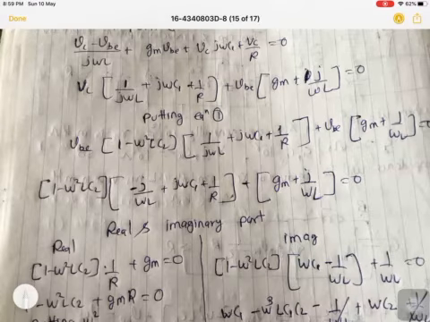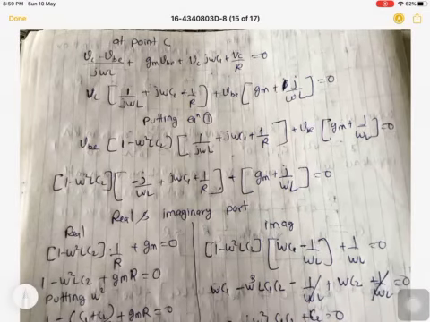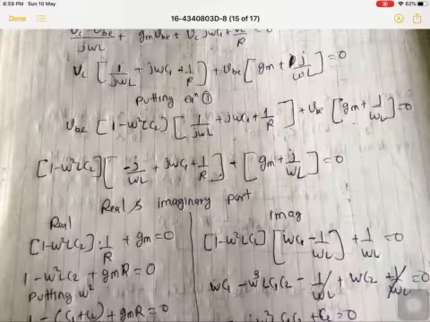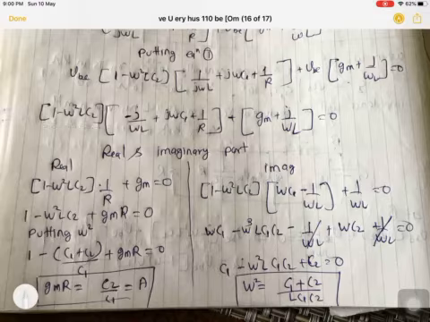Again comparing real and imaginary parts. First I'll go with the imaginary part. Let me go into the next slide. Comparing the imaginary part, 1 minus omega square L C2, this is the multiple of omega C1 minus 1 by omega L, plus 1 by omega L equals 0.